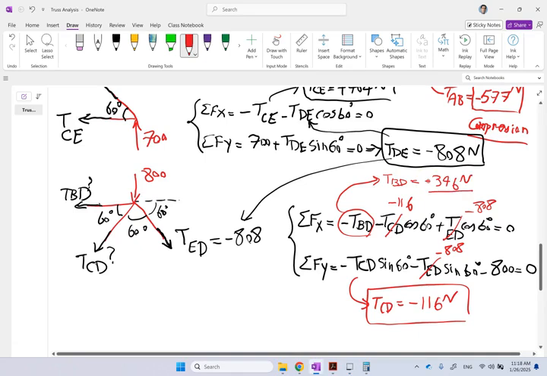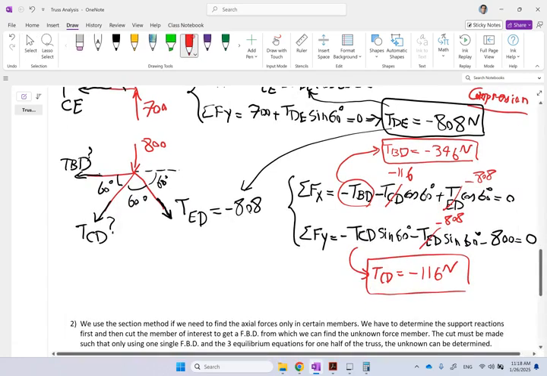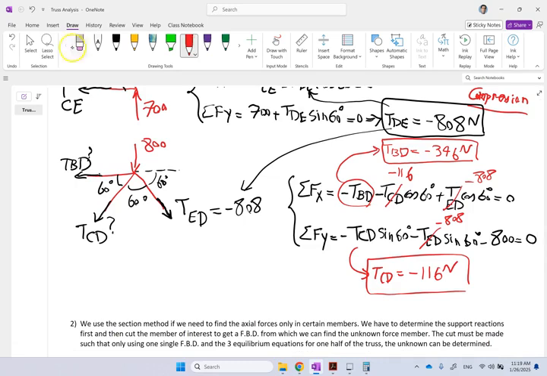346 Newton. One thing you can always do is to do a sanity check and make sure that the signs of these numbers that you got are correct. So if we look at this, it says that in reality, if you want to look at joint D, joint D here has all three numbers negative. What does that mean?